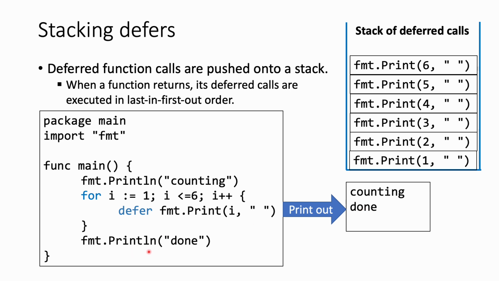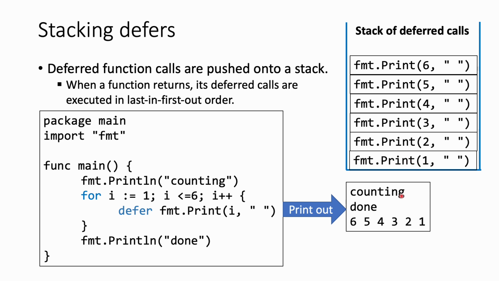After the main function finishes, the calls to function Print in the stack are popped out of the stack and executed in the reverse order. So the Print with the argument 6 is executed first and the Print with argument 1 is executed last.